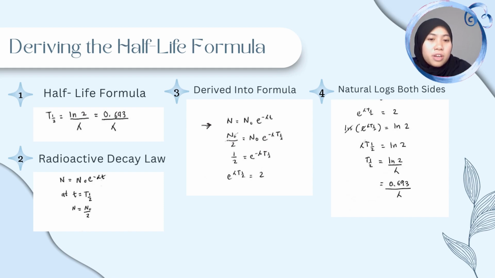So ln and exponential cancel out, and it will be lambda half time equal to ln 2. We rearrange, and lambda goes to the other side. So the answer is half time equal to ln 2 over lambda, which is equal to 0.693 over lambda, which is the same as the half-life formula, so it is proven.